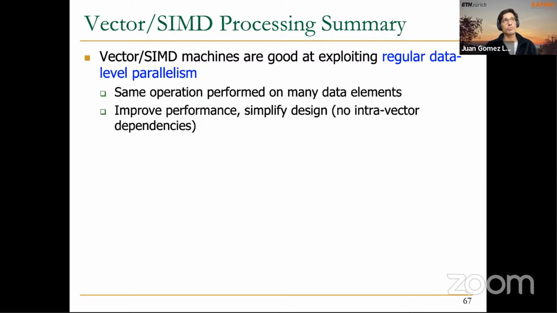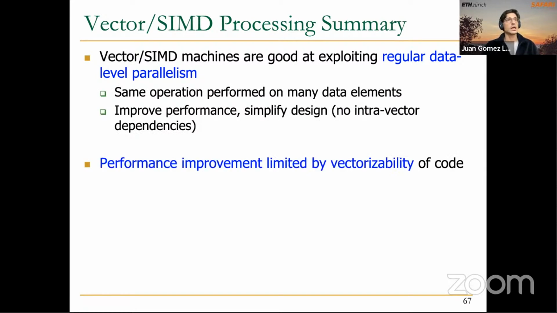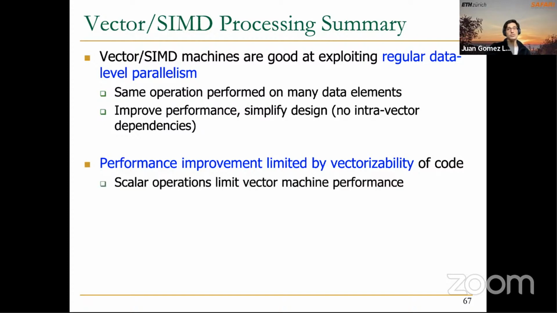This improves performance, simplifies the design, and we can achieve very good performance improvement, but also the amount of speed up that we can achieve thanks to a SIMD processor is going to be limited by the actual vectorizability of the code, or in the end, by the actual amount of data level parallelism that we can exploit.